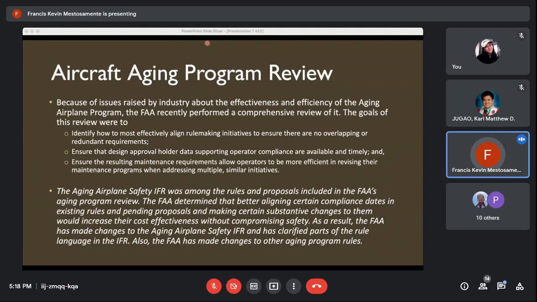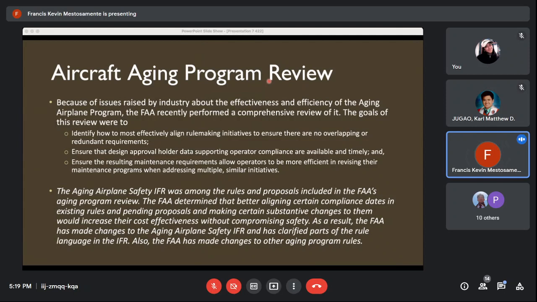And these are aging aircraft. So aircraft are built tough, tumatagal siya ng 20, 30, 50 years. Ginagamit siya in service as long as it is still efficient. So after that incident, the FAA made an aircraft aging program review.